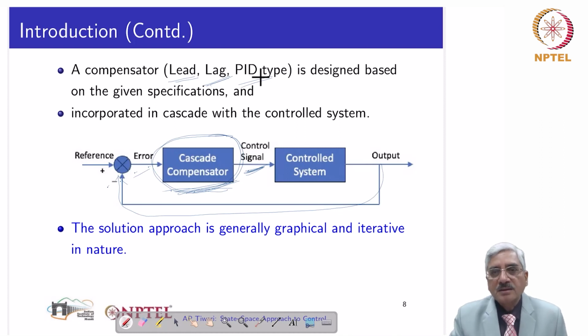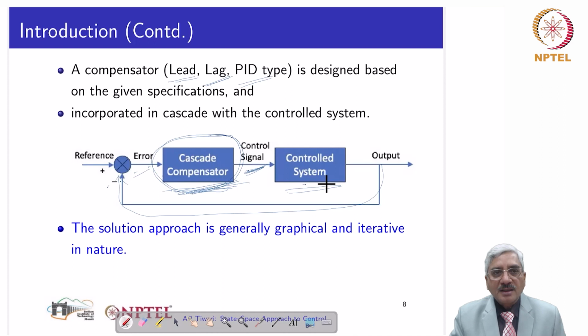For example, by an integrator, the error could be corrected. By introduction of derivative, the time response could be made fast, and so on. So the compensator of a lead type or a lag type or a PID is put in cascade with the system under control, and thereby the response used to be achieved.